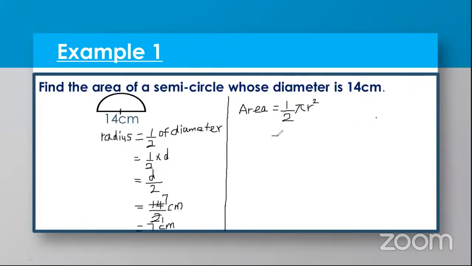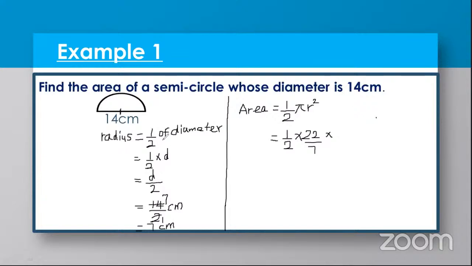Now we go ahead and say a half times, in this case, since the radius that I have got is a multiple of 7, I will use here 22 out of 7 times my radius, which is 7 centimeters, not 14, because 14 centimeters is the diameter.